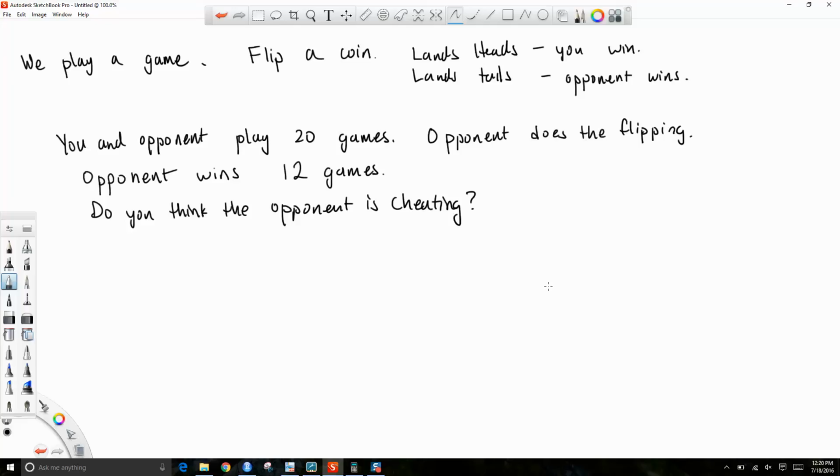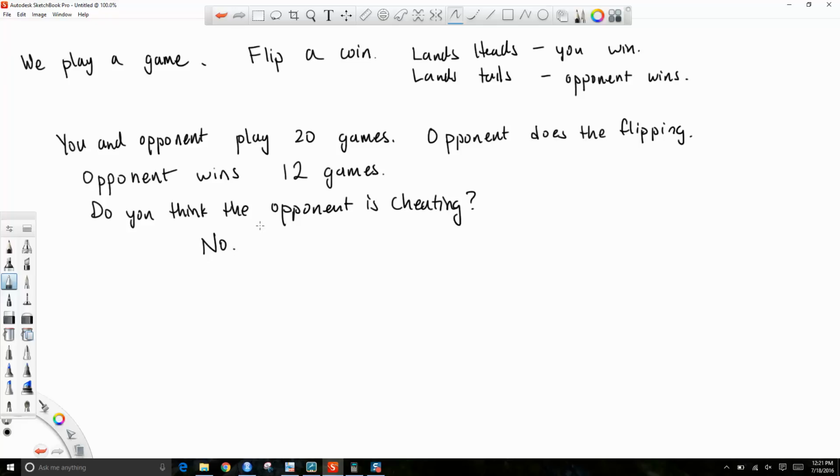Would you accuse your opponent of cheating at this point? Probably not, right? You just say, you got a little lucky, right? Because winning 12 times out of 20 is quite possible if the opponent was playing fair, okay? Do you think the opponent is cheating? Probably no, okay?